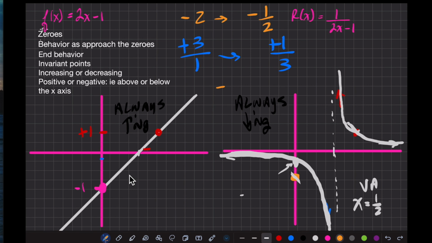Here's x equals 1/2. That was the 0. Everything to the left of x equals 1/2, look at the y value of this graph. It's negative. Look at our reciprocal graph. Here's our vertical asymptote at 1/2. Everything to the left of x equals 1/2 is negative. That is accurate.